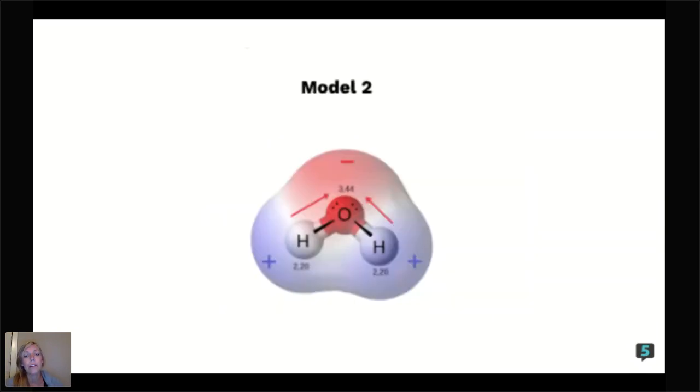Model 2 was looking at the polarity of a water molecule. The red arrows represent how oxygen is electronegative, and it pulls and unevenly shares the electrons between hydrogen and oxygen.